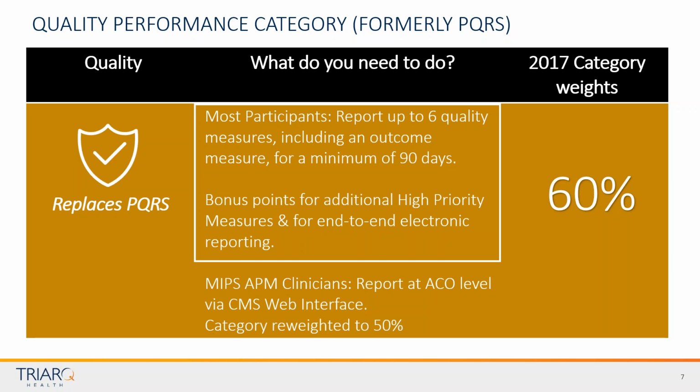If you're in a Track 1 MSSP, part of your MIPS reporting will happen through your ACO, and so it's very important for you to be in touch with your ACO to understand that whole story. And in that scenario, your quality score is really reweighted to only 50%. It's 50 points. So just wanting to keep people aware that that is one of the options that's out there, and we'll talk about that a little bit later in the presentation.